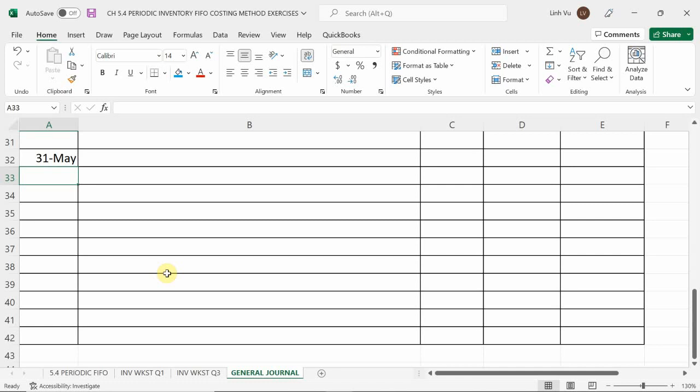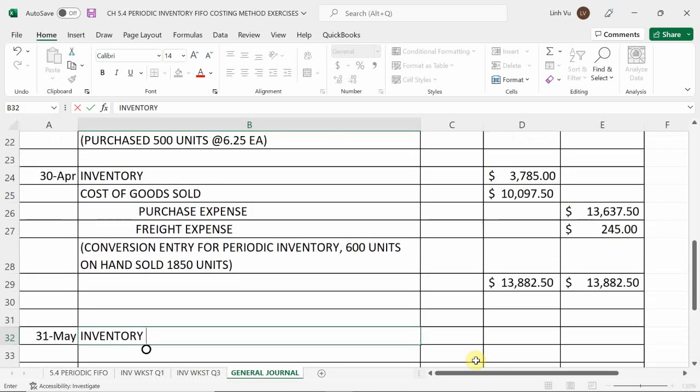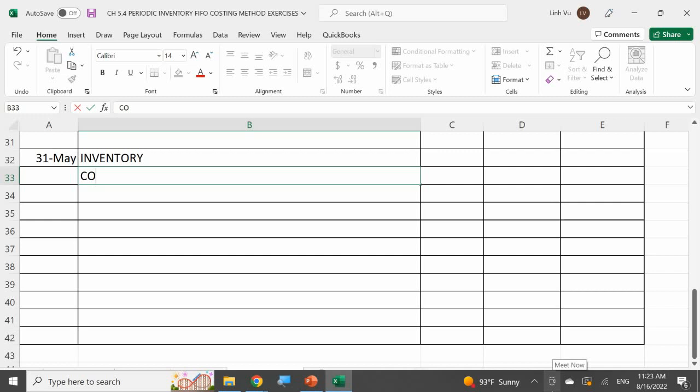So what do I need to recognize for my conversion entry? Inventory, right? What else do I need to recognize? Cost of goods sold. And what else?